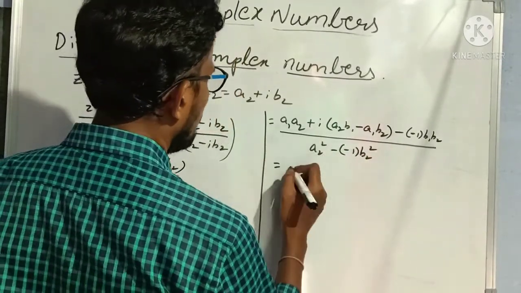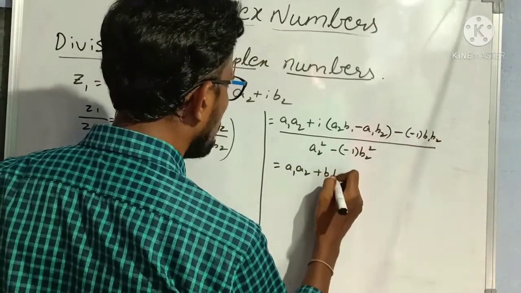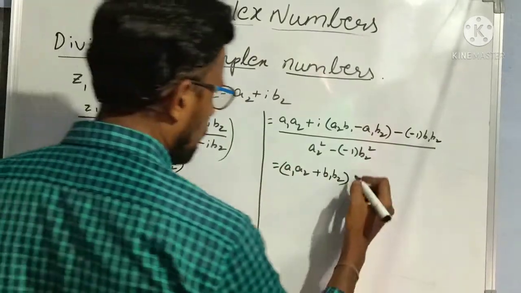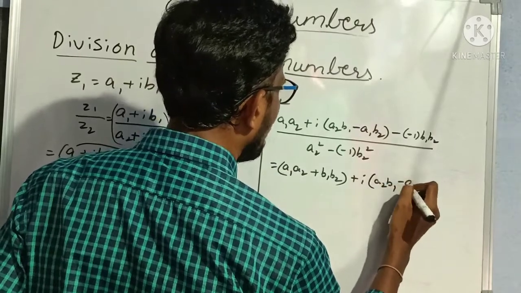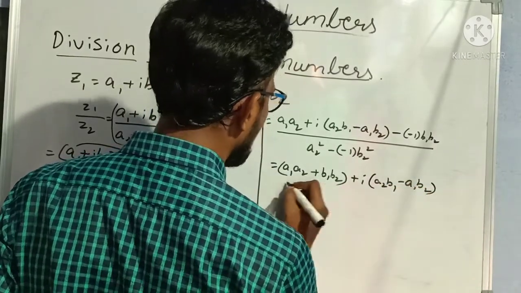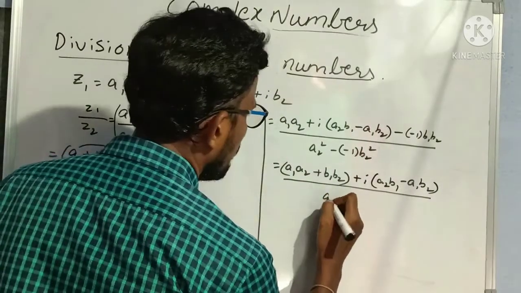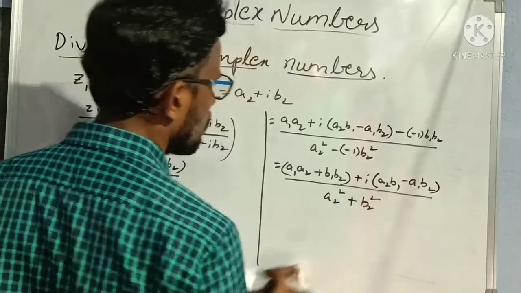So here A1A2, minus of minus is plus B1B2. This is my real part, plus i into (A2B1 minus A1B2). This is my imaginary part for the numerator, by A2 square, minus of minus is plus B2 square.